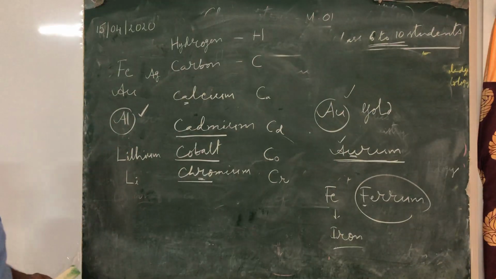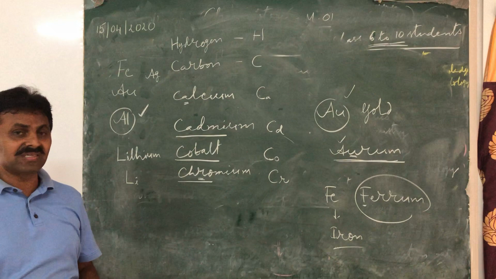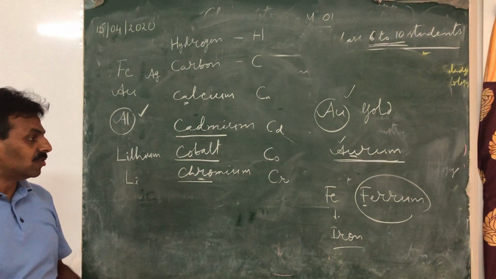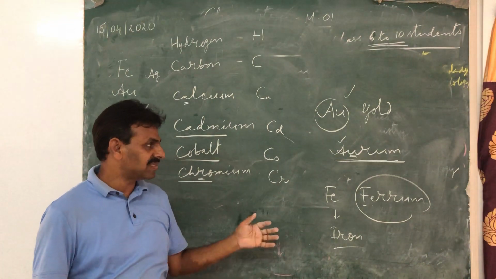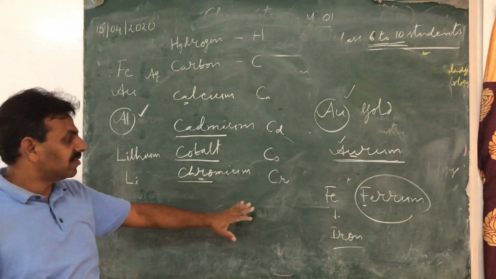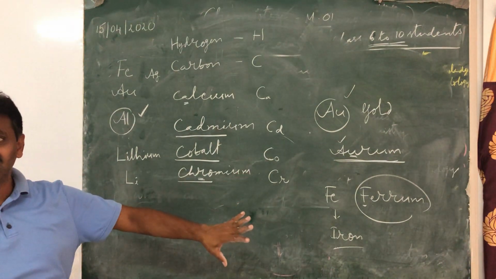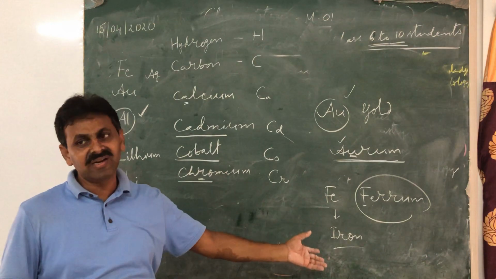So this is how to differentiate, to understand the differences, to be able to identify various elements present in different substances. They gave symbols for each and every element. So there are 118 elements and 118 symbols.